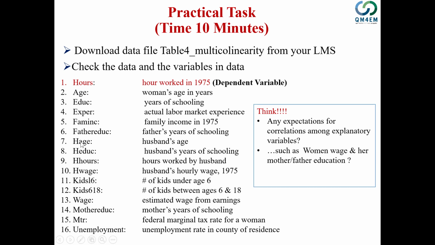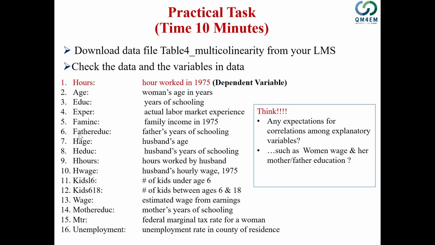It's here, wage. So the wage of a woman who works, is it going to link with her mother's education or her father's education? Think for a while. Let's say you have data on working women and you have data on their parents' education as well. Do you think it will be correlated?